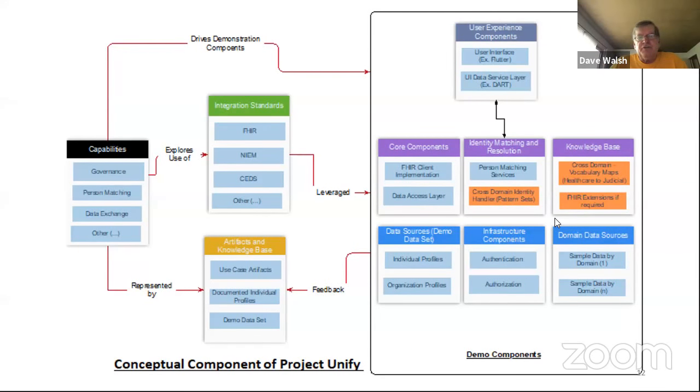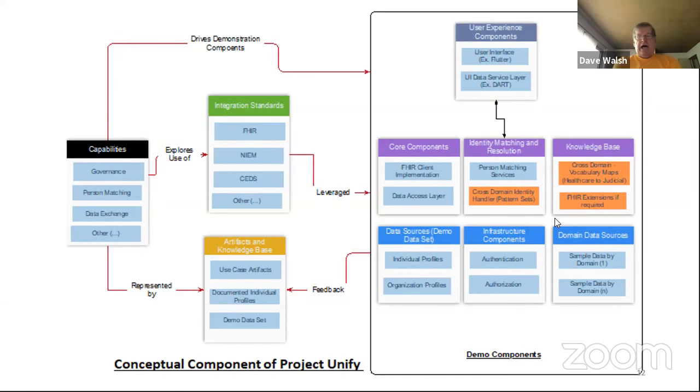For example, if we look on the left-hand side, we talk about issues such as governance, capabilities such as person matching, specifically person matching across domains. How do we exchange this data and so forth? So capabilities. And then we look at the integration standards that we're going to be using.